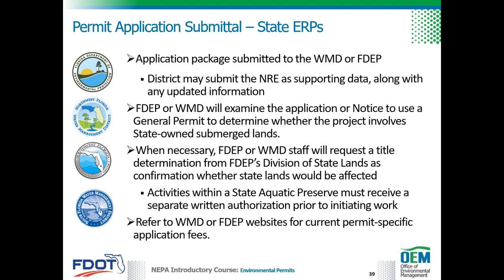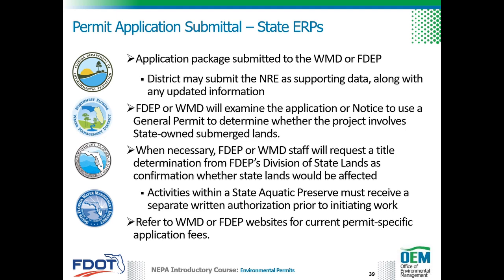FDOT permit applications for ERPs are to be submitted to the Water Management District or FDEP. FDOT districts may submit the natural resources evaluation as supporting data, along with any updated information within the application. FDEP or Water Management District will examine the application or notice to use a general permit to determine whether the project involves state-owned submerged lands.